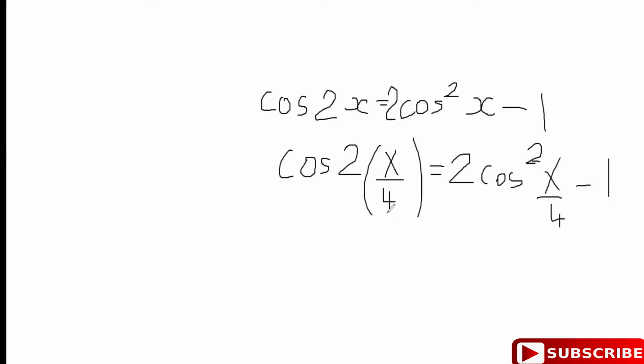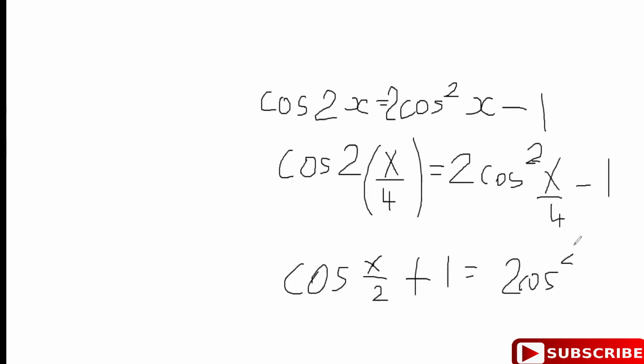And so what we can do now, 2 times x over 4 is cos of x over 2, and we can bring over the 1 to get the cosine of x over 2 plus 1 is equal to 2 times cos square x over 4.